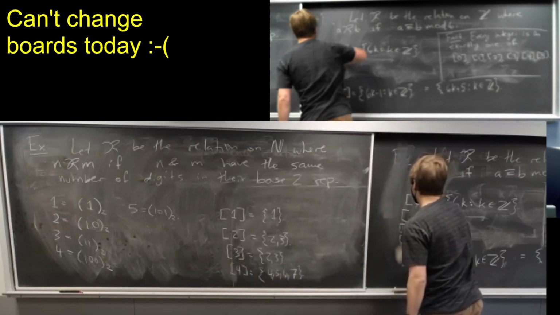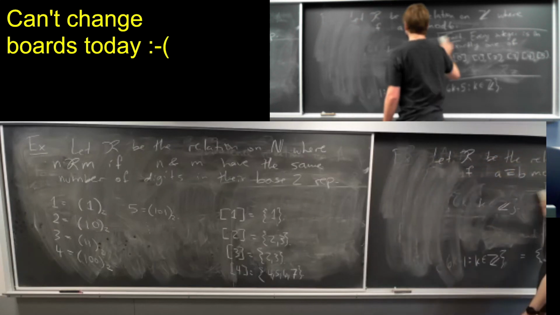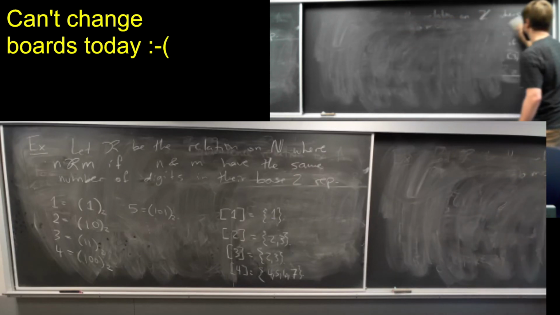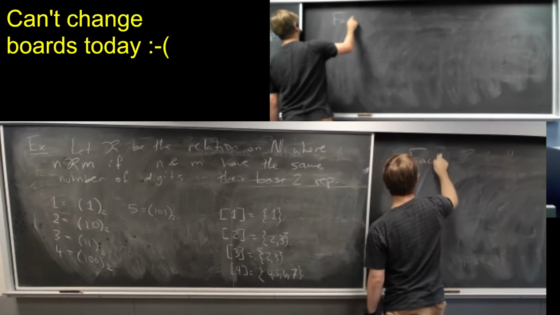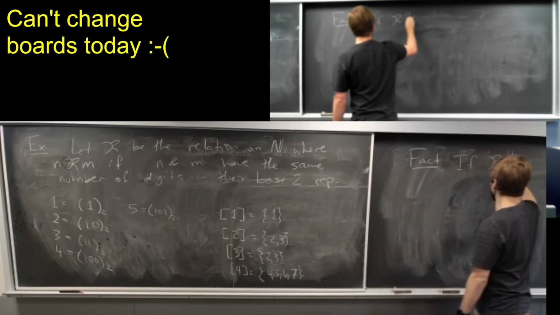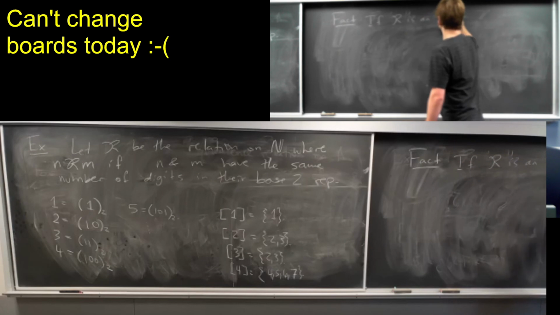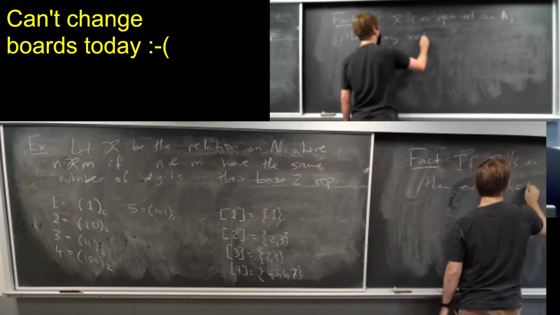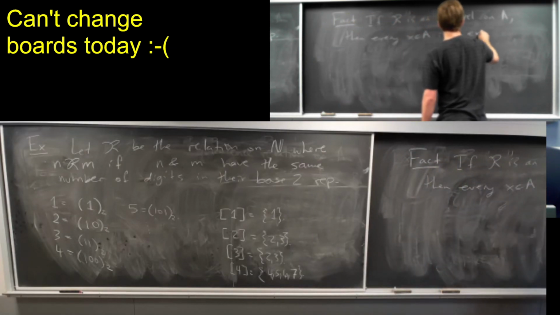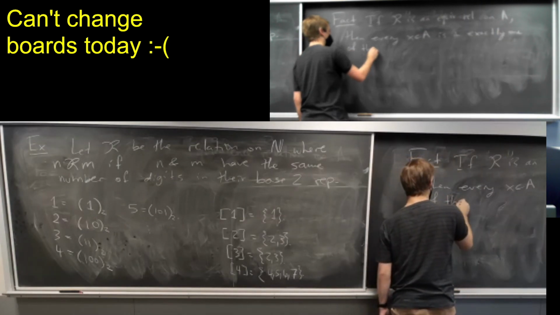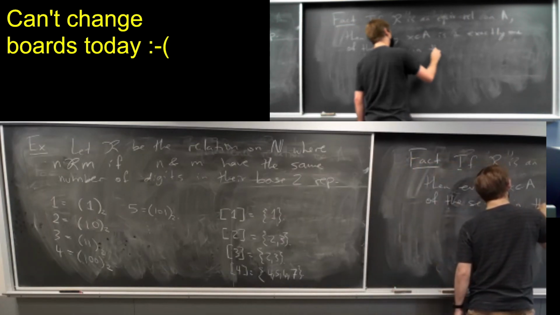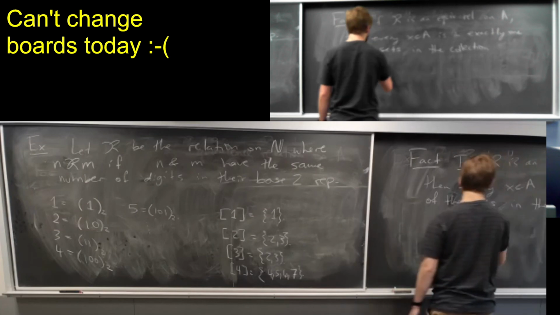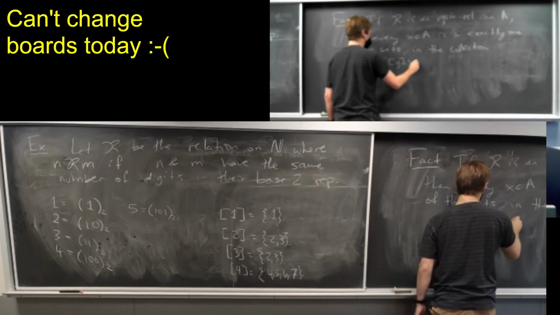So a basic fact to take away from this: if R is an equivalence relation on A, then every element of A is in exactly one of the sets in the collection, let's say, the set of all equivalence classes, basically.